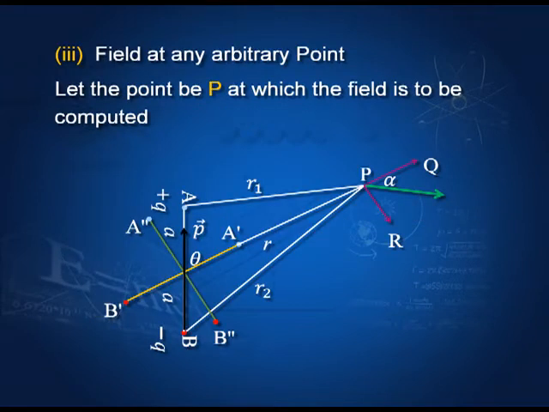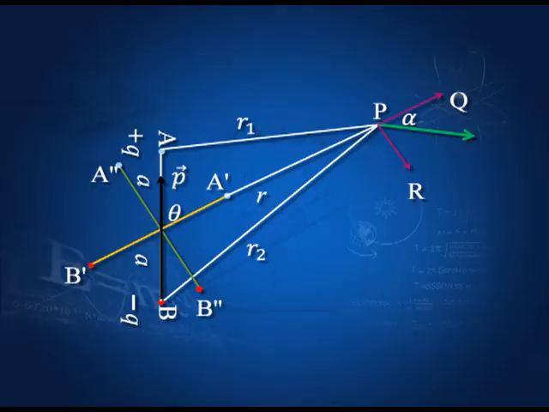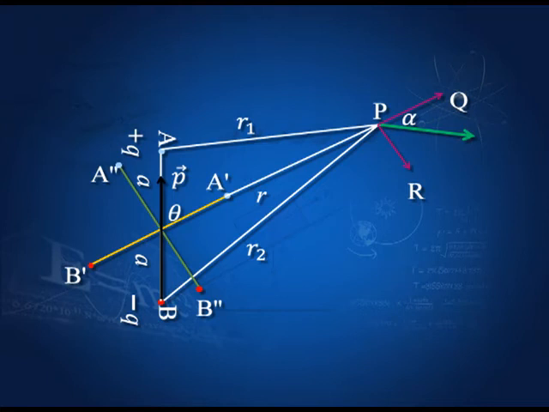At any arbitrary point, what we do is we take the components of the dipole moment in this direction and in this direction. For this direction, the point is on the line bisecting the dipole. That is the first case. For this component, p lies along the line of the axis. Since we have found the fields on a perpendicular line as well as along the axis of the dipole, we can use those results and add.